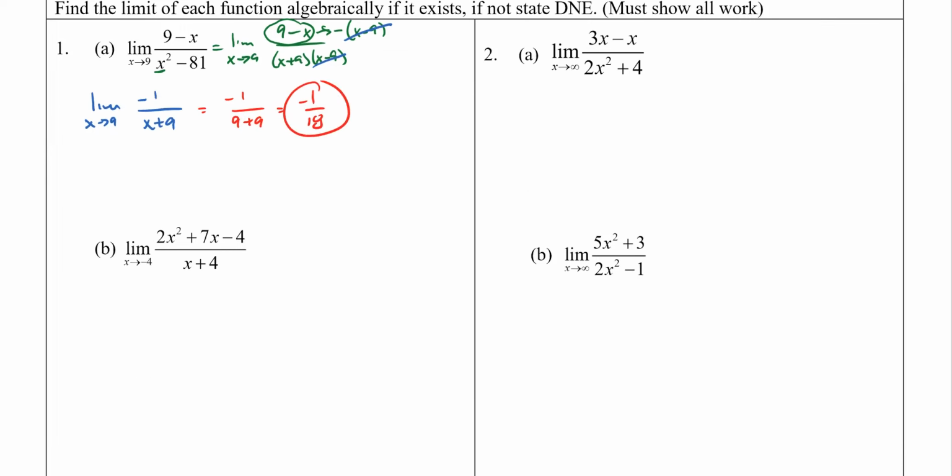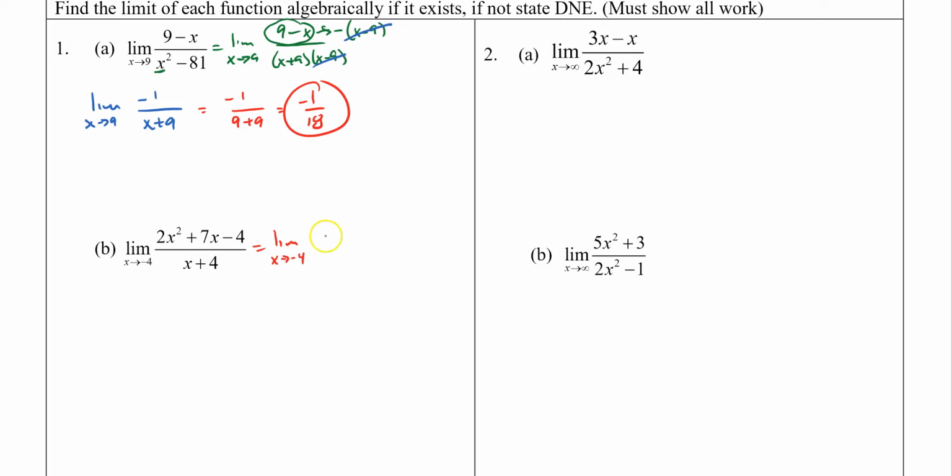If I look at 1b, same type of problem, same type of issue that we have, which is if I try to plug in a negative 4 with direct substitution, I'm going to get negative 4 plus 4, which is 0, cancels out, can't do it. So instead, I'm going to try to factor the top.